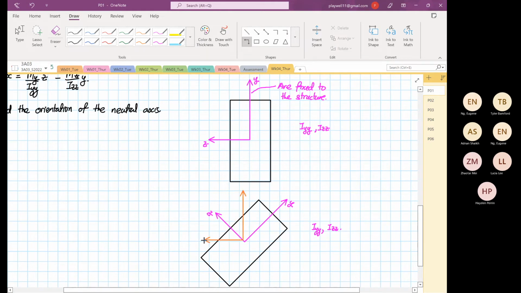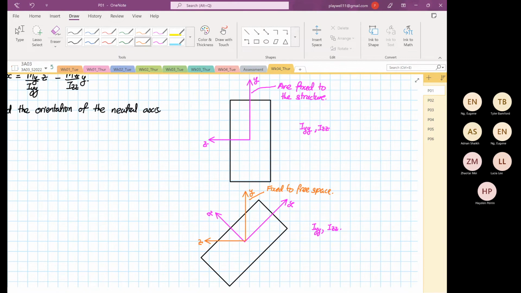Let's say we insist that our y and z is fixed to the free space. Okay. Then it's difficult to acquire Iyy and Izz. Okay, so it's rotating the structure.